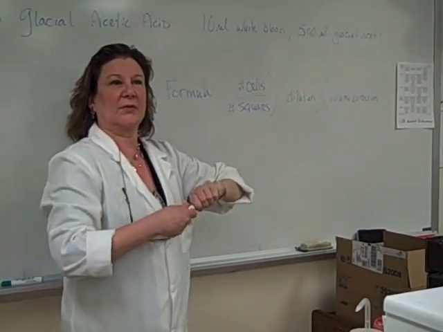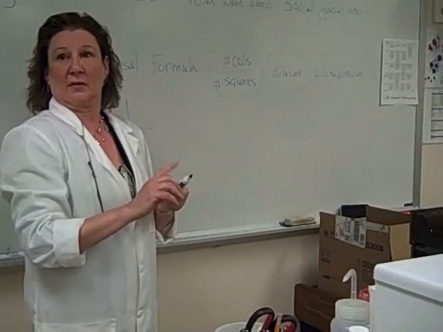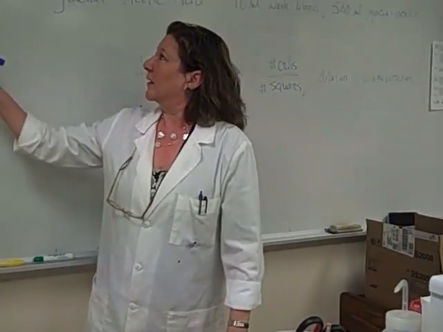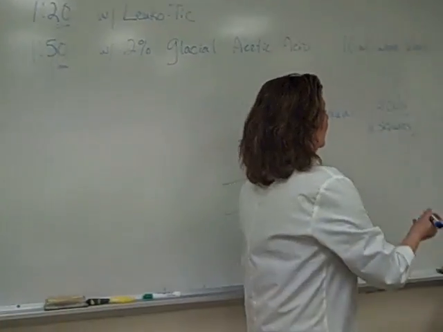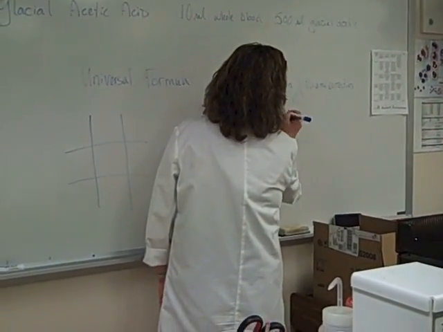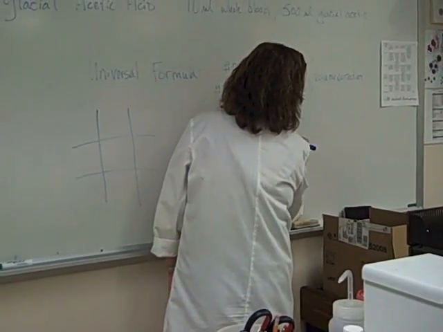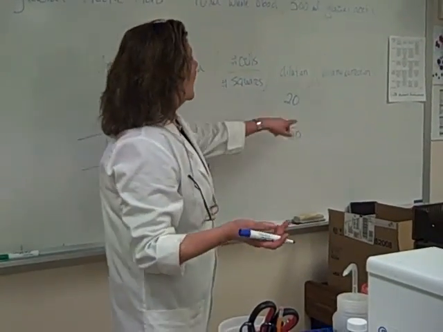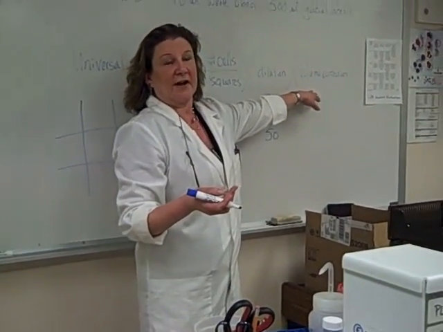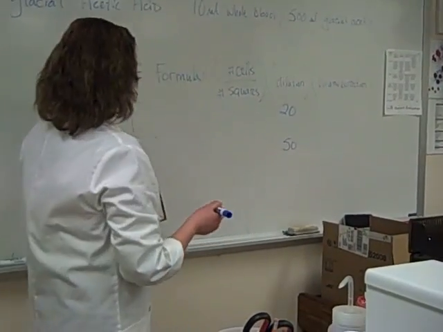So in this case, what are we going to be working with? Either 20 or 50. So we're going to multiply by 20 or by 50, depending on the dilution that you're using, right?